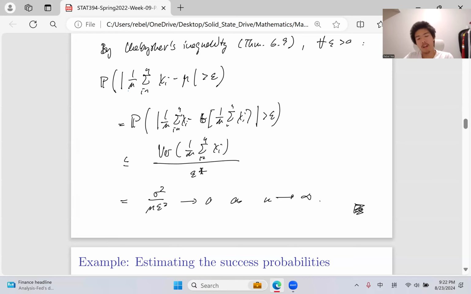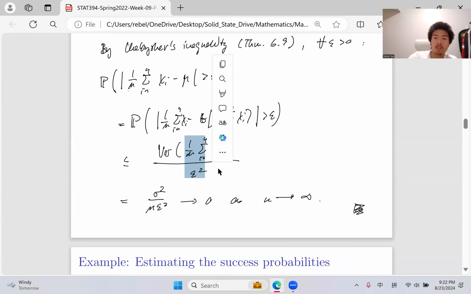Okay, and just remember we have used the assumption that the mean is also finite. So this is finite. The sigma square is finite, and this one cannot go to zero because epsilon is already fixed, and n goes to infinity.